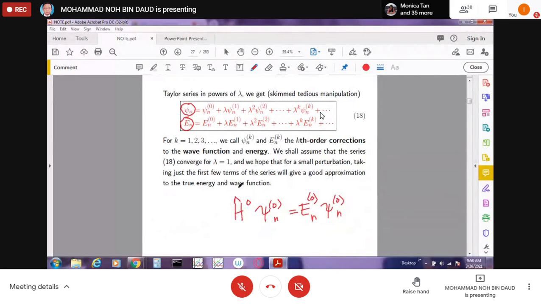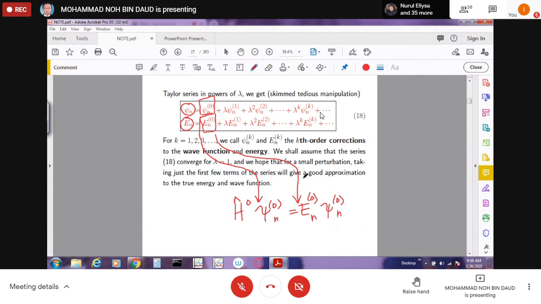The solution of this exact Schrödinger equation, this one. So when we expand this in terms of Taylor series, we have this. You can see here clearly. So this is the zero order. You must know this one. And you have this unperturbed zero order energy and this one.